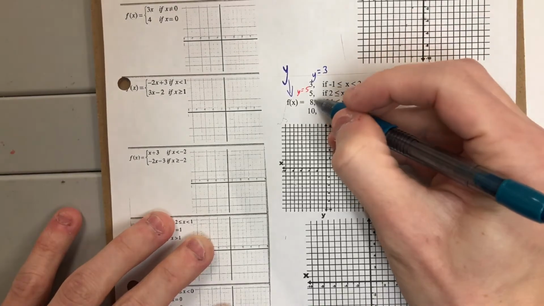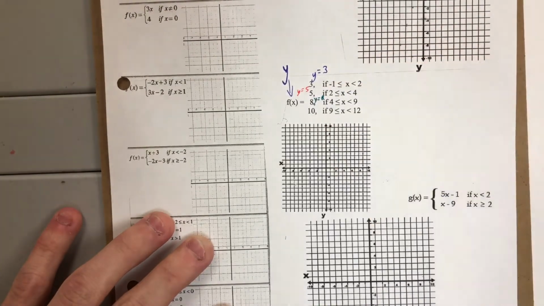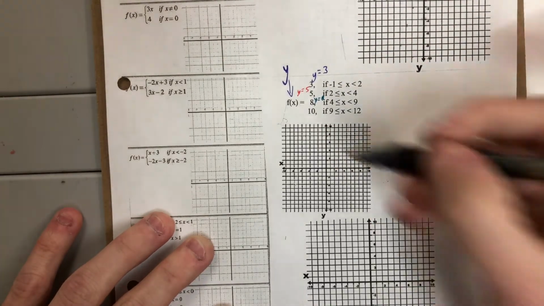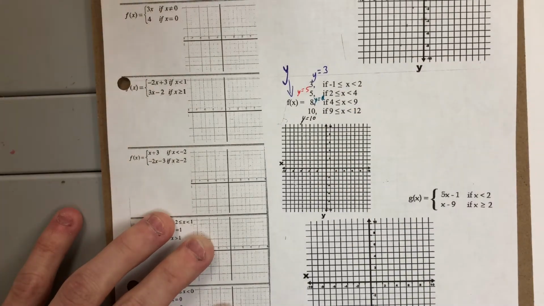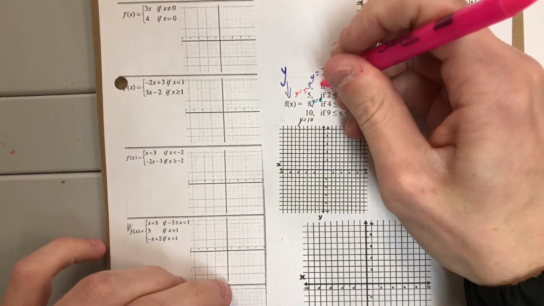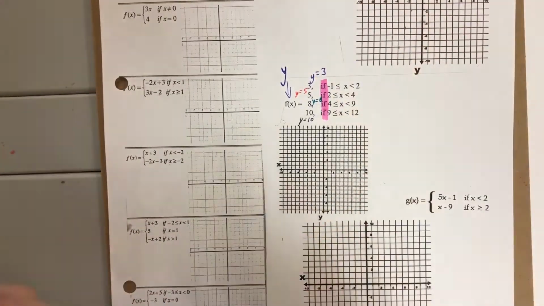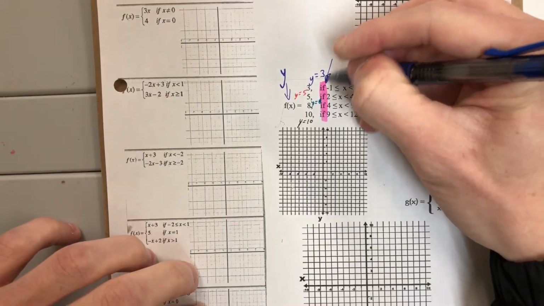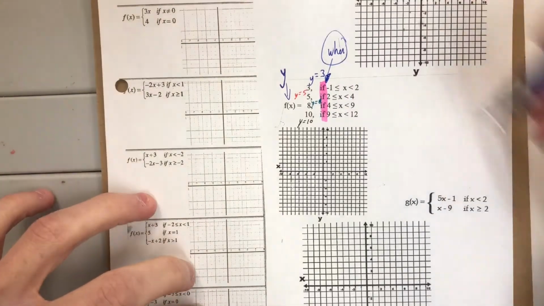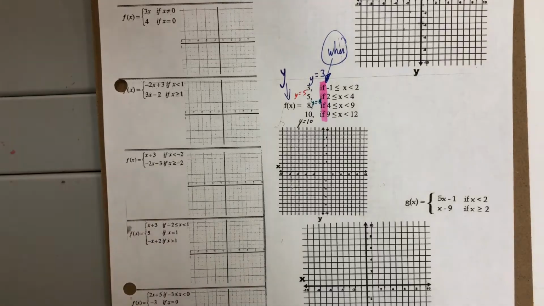And y equals 8 right there. And then at the end, you have y equals 10. What I like to do, instead of the word "if," I like "when," because it's actually when.